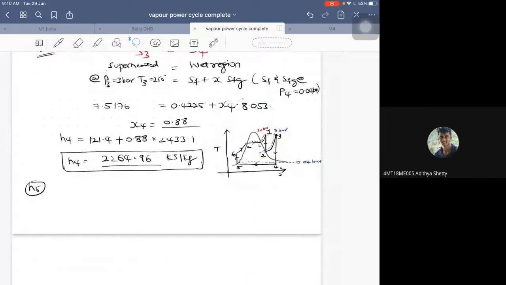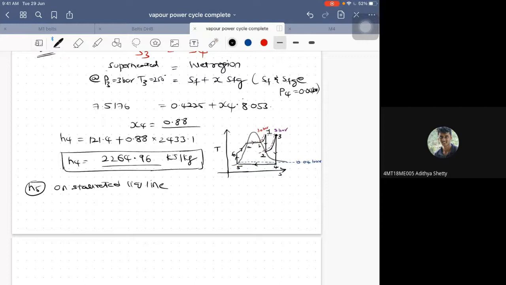If it is on the saturated liquid line, how will you calculate H5?